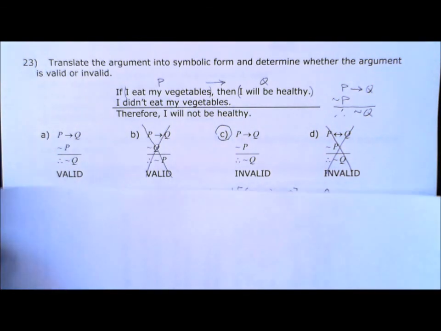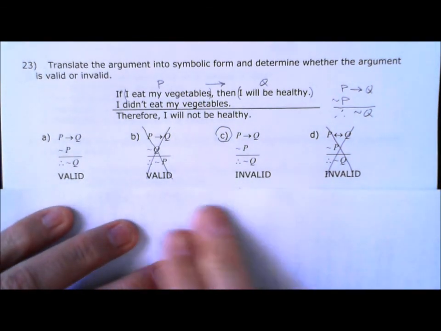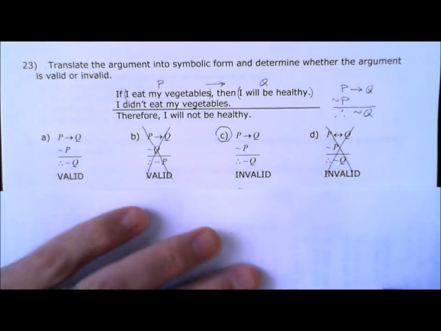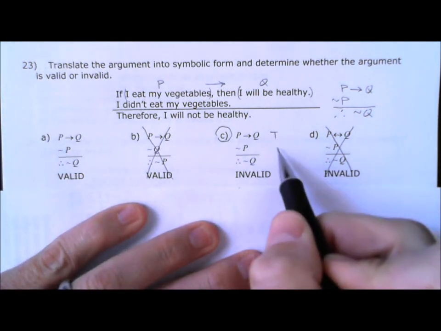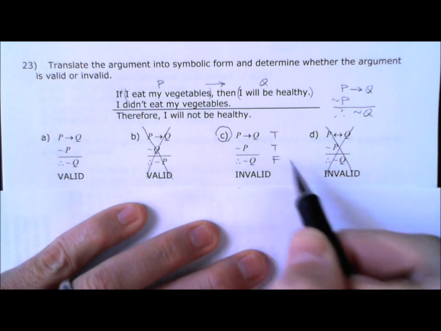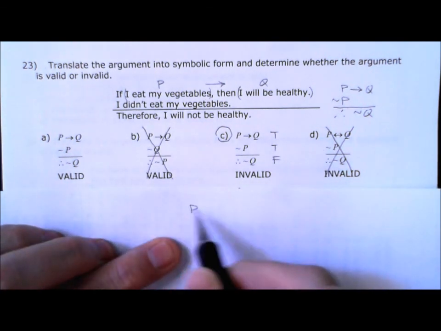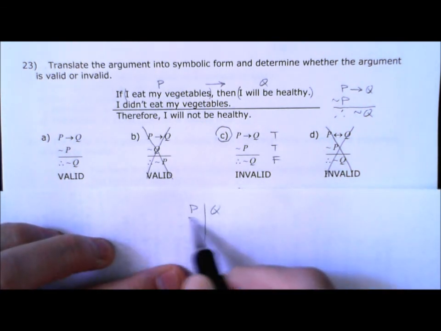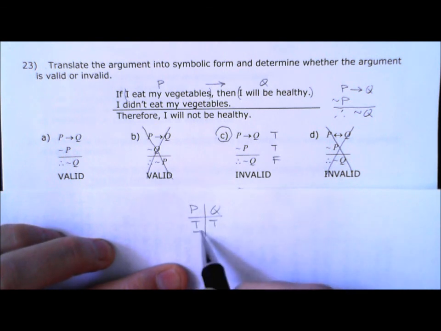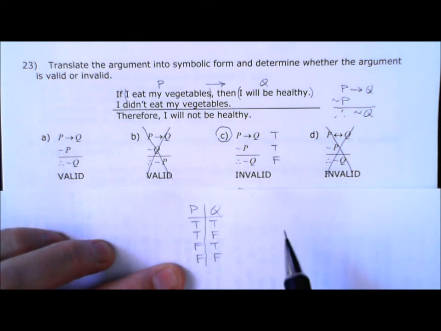Okay, which asks us to see if we can find a scenario in which the 2 premises are true, but the conclusion is false. And there's only, again, 4 values for P and Q. True, true, true, false, false, true, and false, false. Okay?